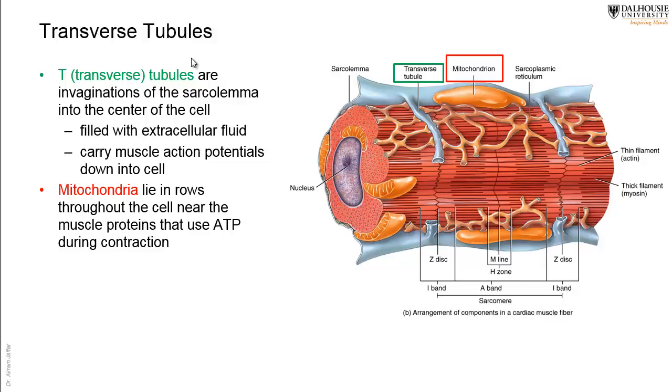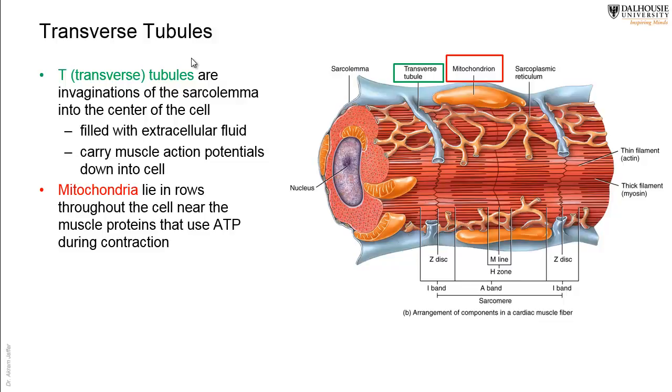Also, you can see that inside the muscle there are a lot of mitochondria. There are many mitochondria arranged along these myofibrils, and these are necessary to produce ATP, because once the cross bridge is formed, it should be released again.